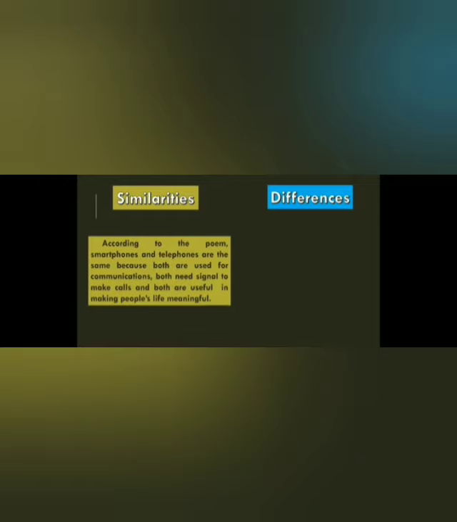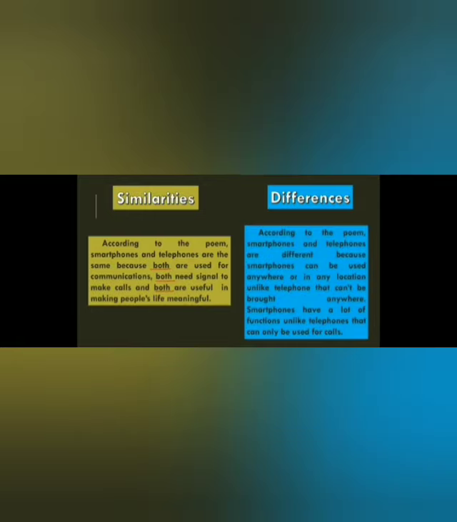Similarities. According to the poem, smartphones and telephones are the same because both are used for communication, both need signals to make calls, and both are useful to make people's life meaningful. The differences, according to the poem: smartphones and telephones are different because smartphones can be used anywhere in any location, unlike telephones, and can be brought anywhere.